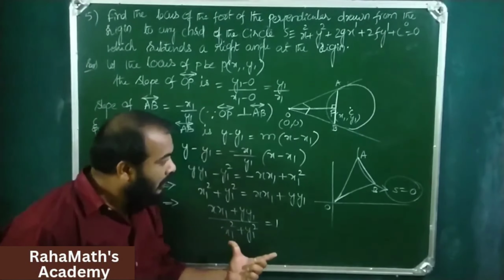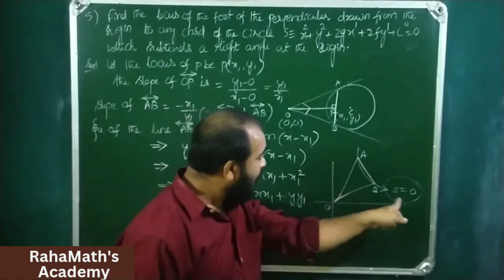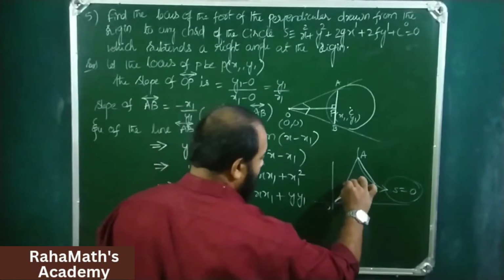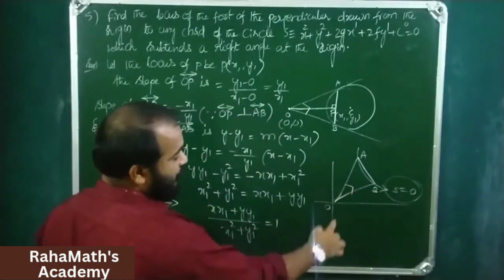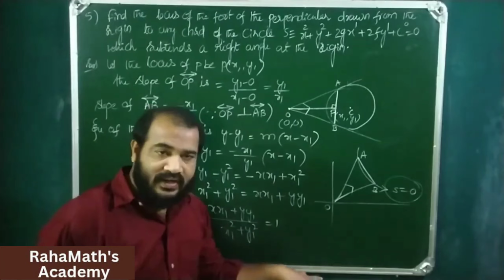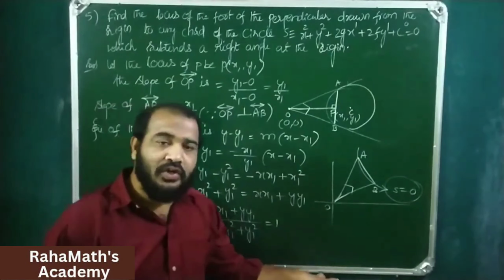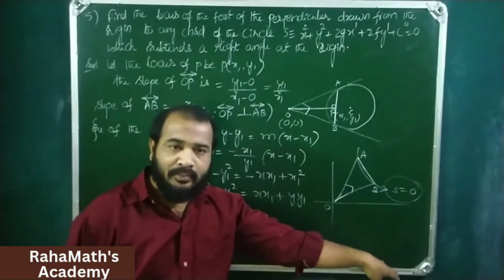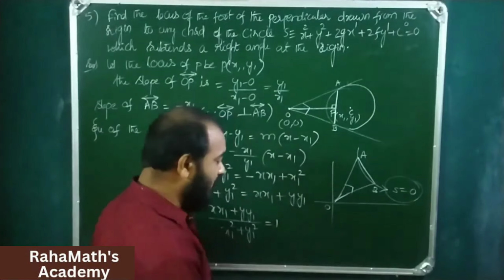Since OA and OB are perpendicular to each other, so 90 degrees, then whatever answer we get here, coefficient of x square plus coefficient of y square equals 0. Because what is cos theta?